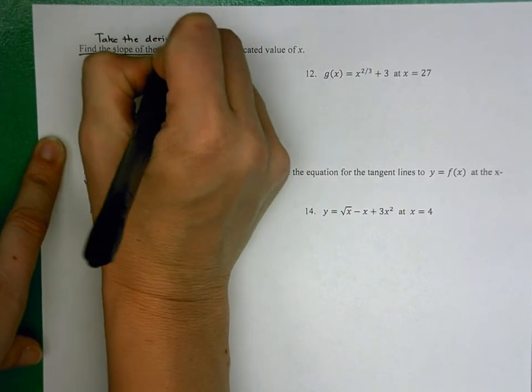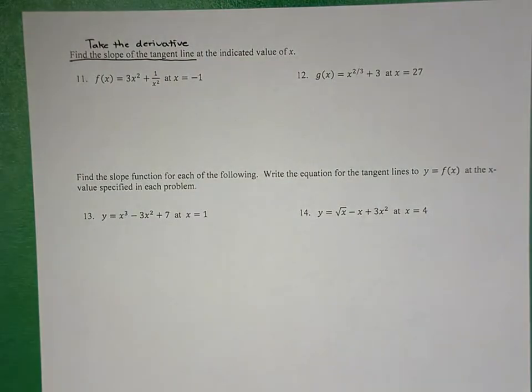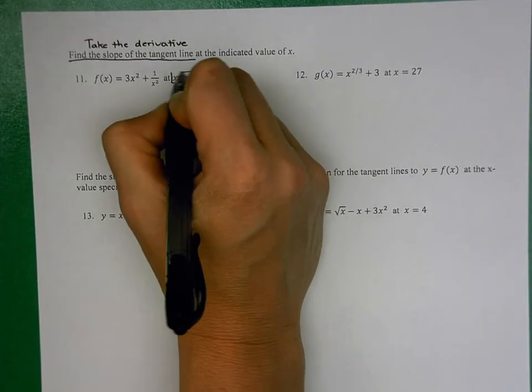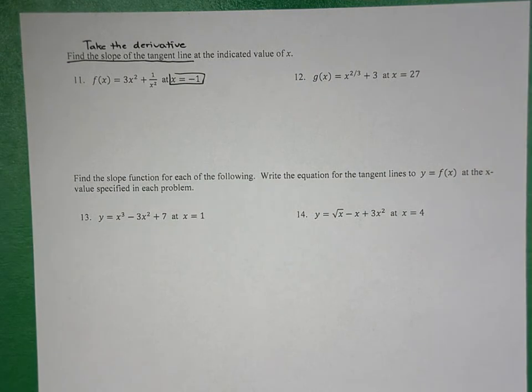The only difference between 11 and 12 and 1 through 10 is that in 11 and 12, you're going to be given a value to plug in. That's literally the only difference. When you read find the slope of the line tangent, your brain needs to say take derivative. When you read take the derivative, your brain needs to say find the slope of the line tangent. They are synonymous, right?